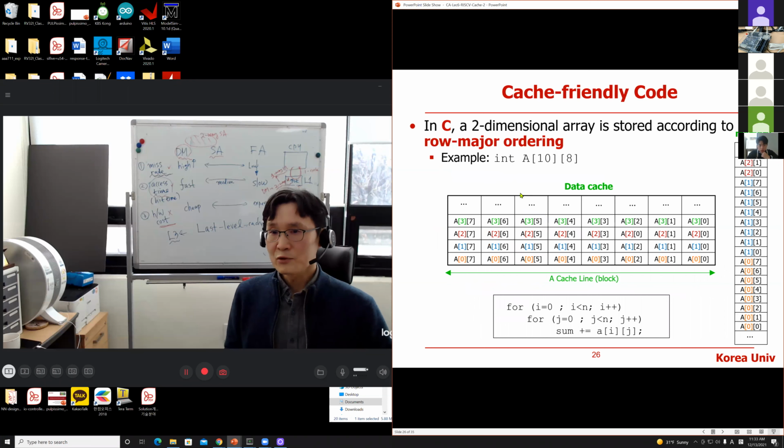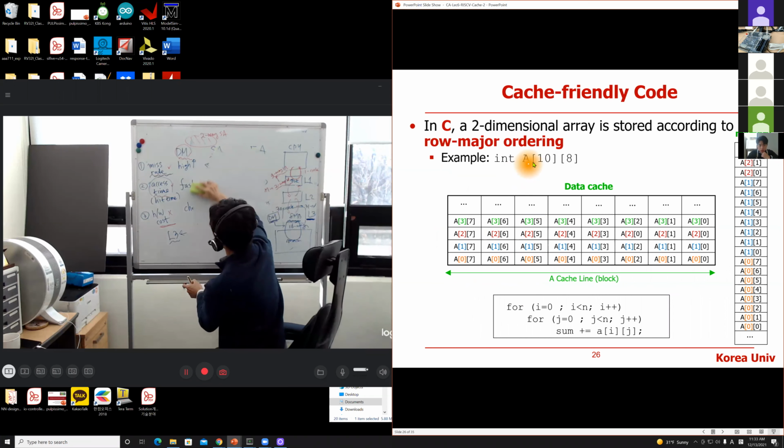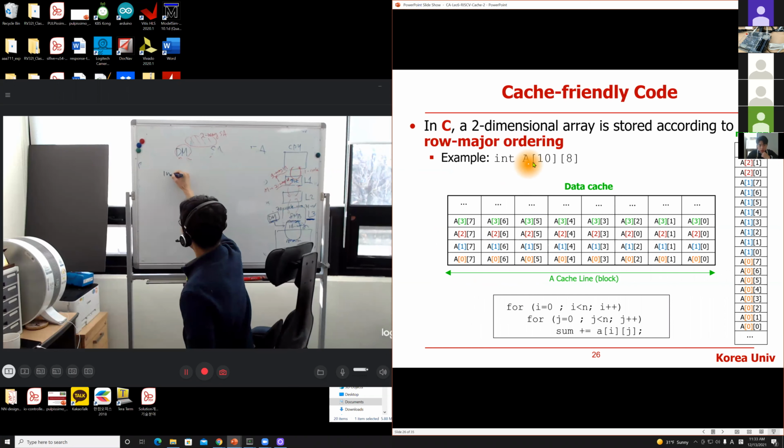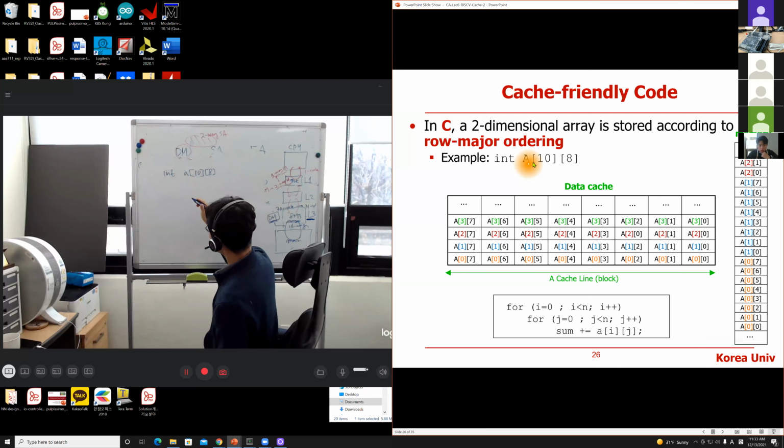In C, if you declare a two-dimensional array like this, int A[10][8], 10 different rows. Confusing, right?